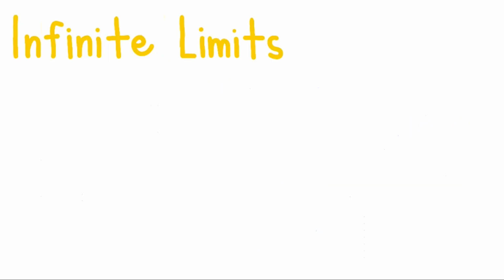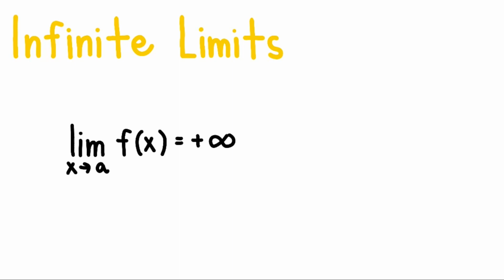So let's have infinite limits. As we have seen earlier, we had the limit of f of x as x approaches a equal to positive infinity. When we see this, it refers to the function f of x increasing without bound as x approaches a.